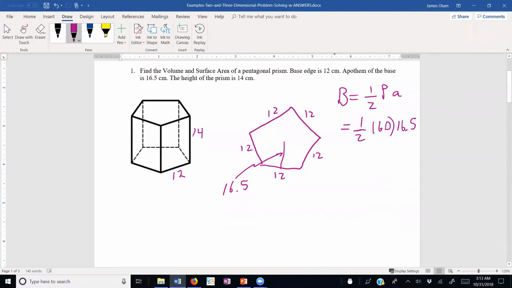In the case of the pentagon, the apothem is going to need to be given to you. In the case of the hexagon, you will be able to figure it out yourself. If I multiply this on a calculator, I get 495. You might check that.